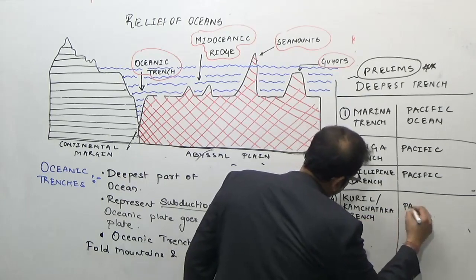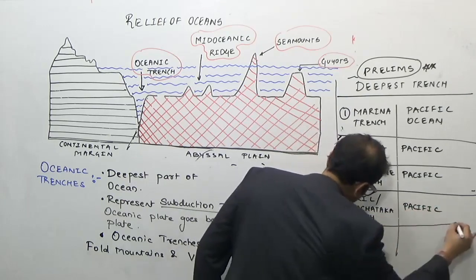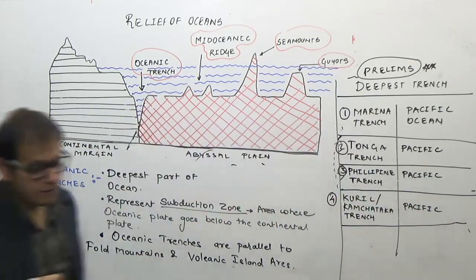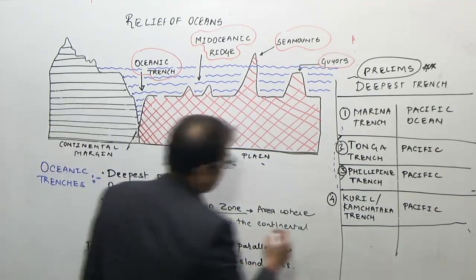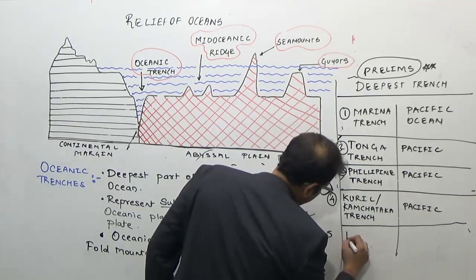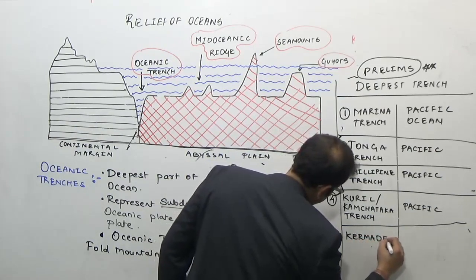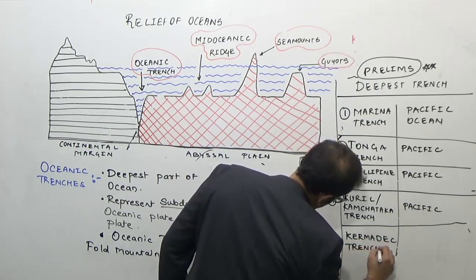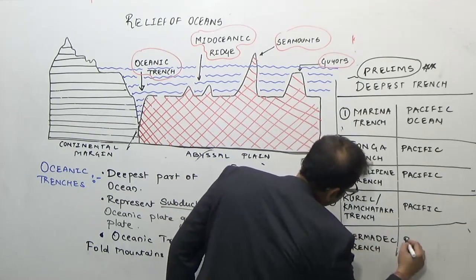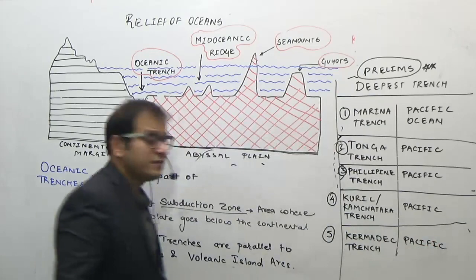Again in the Pacific region. The fifth important trench is the Kermadec Trench, again in the Pacific region.